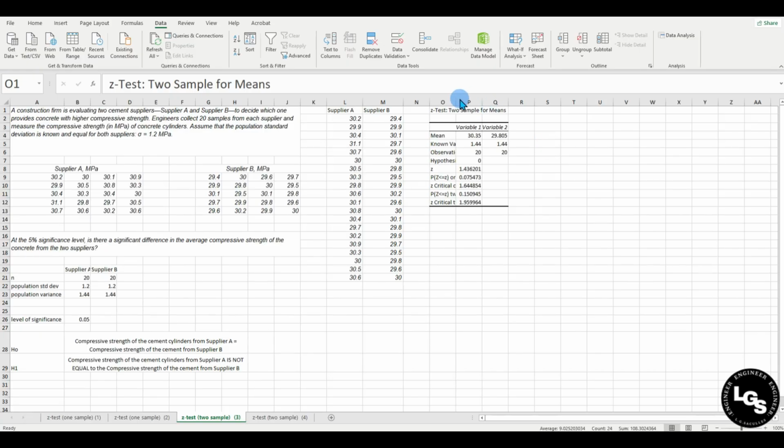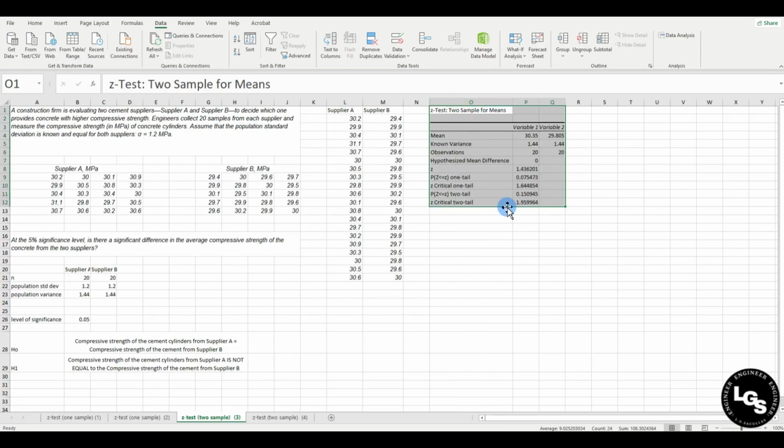So here is the result. We have the result for 2 samples z-test for means. For variable 1, here it is supplier A. For variable 2, this is supplier B. So the mean for variable 1, or supplier A, is 30.35 megapascal, and for variable 2 that is 29.805.